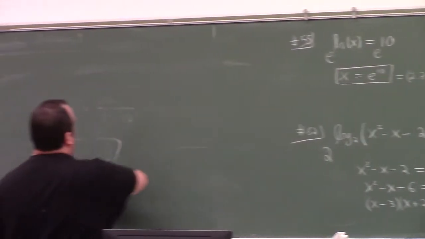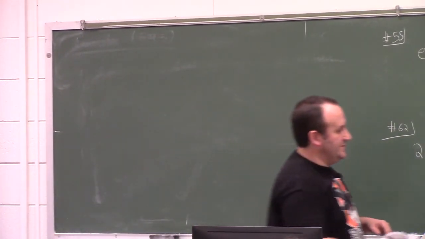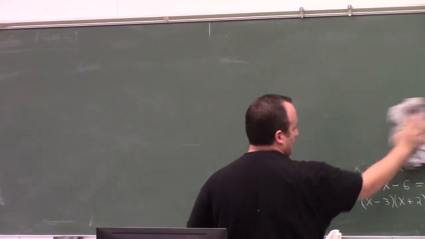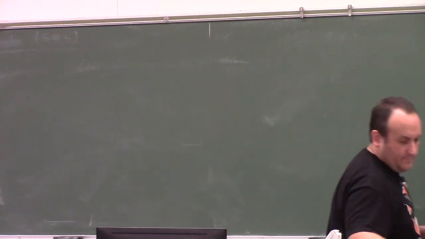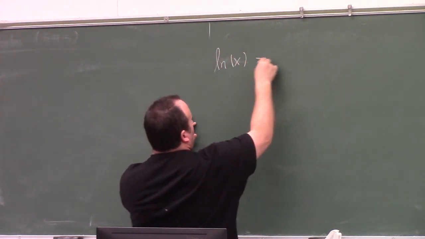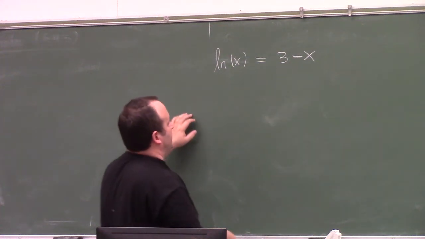How would we solve the natural log of x equals 3 minus x? I'll put it up here. Natural log of x equals 3 minus x.